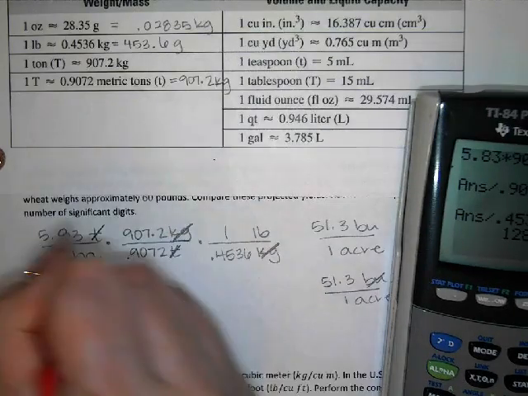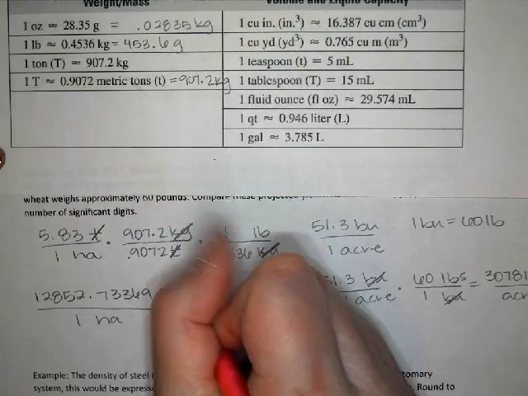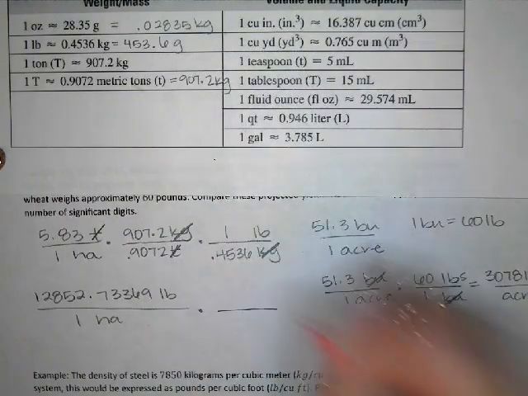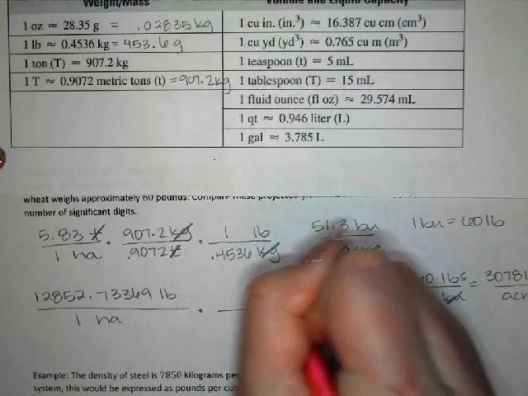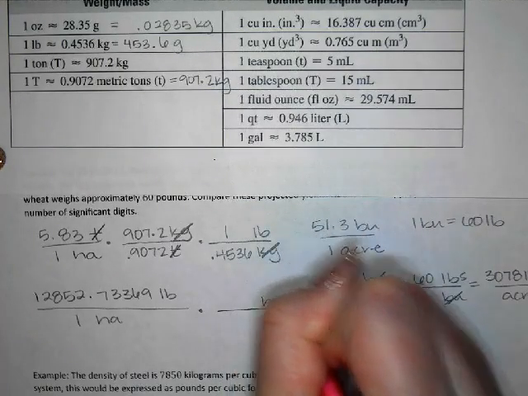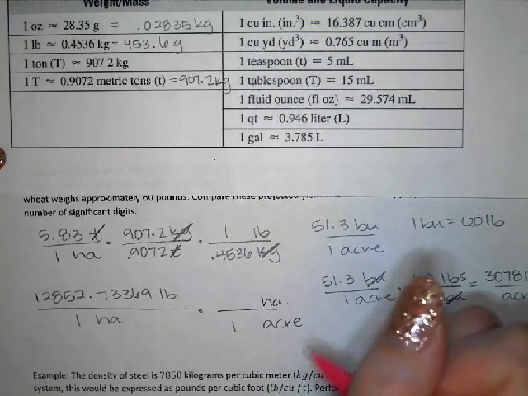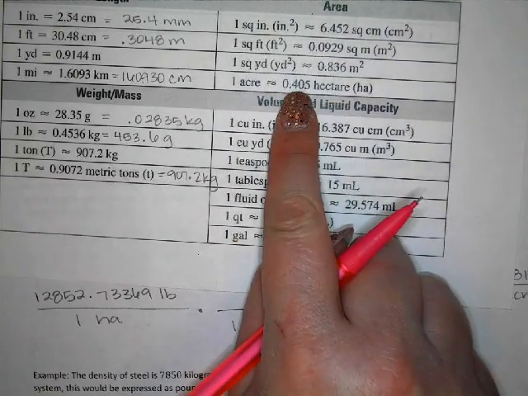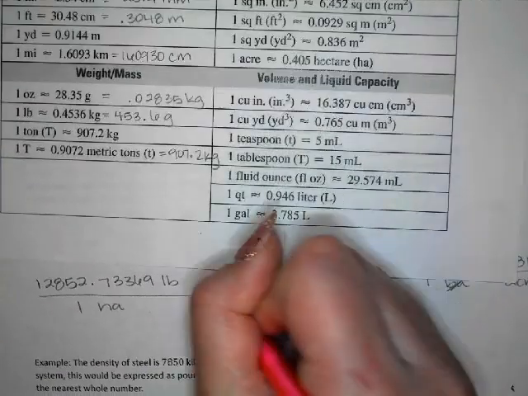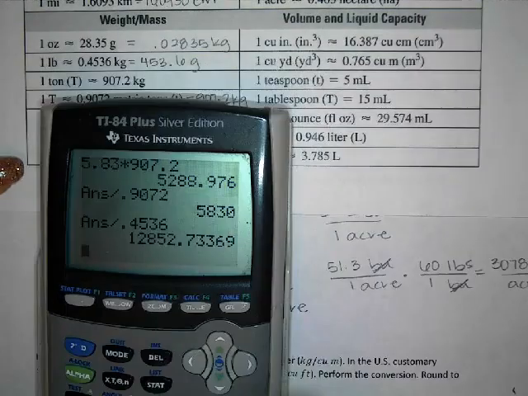So we have 1 acre per 0.405 hectare. So I'm going to take that number and multiply by 0.405. Okay, so this is our answer, and we have to round this according to the correct number of significant digits.